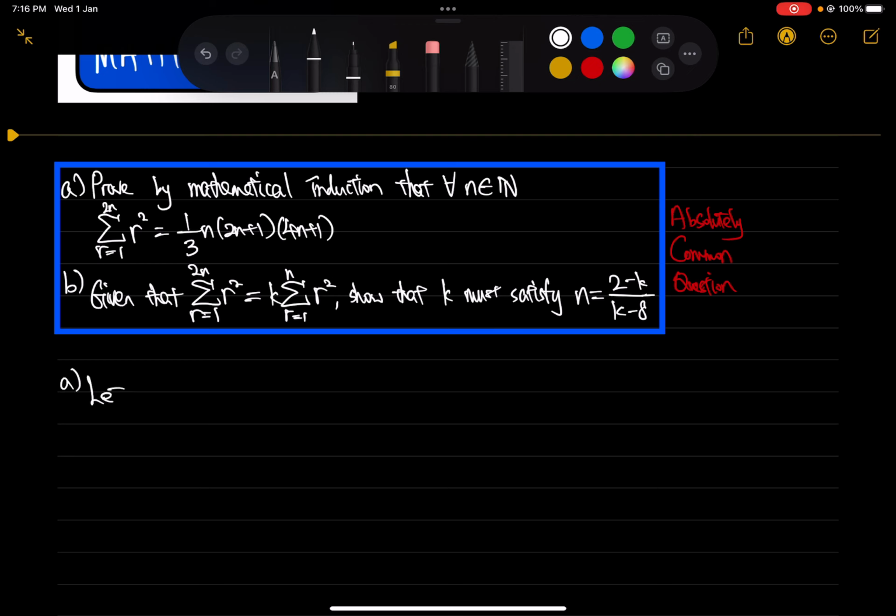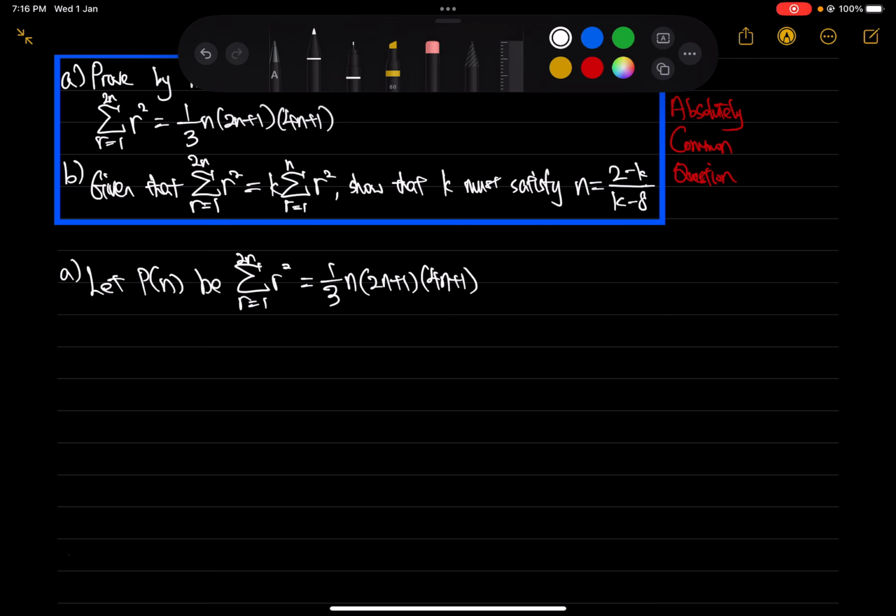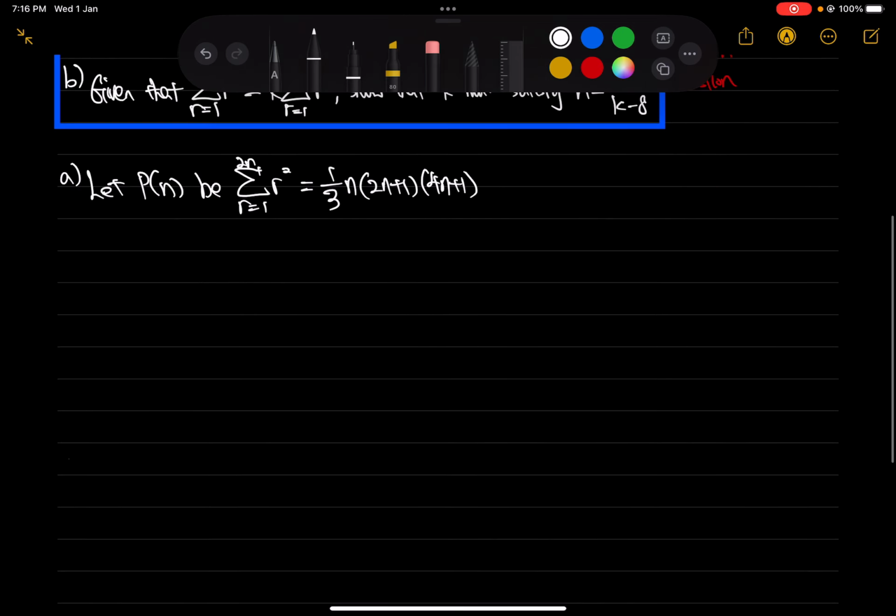Part A. The thing is that you have to memorize how to write the format for MI, and if you can do that, you could finish any type of MI questions.